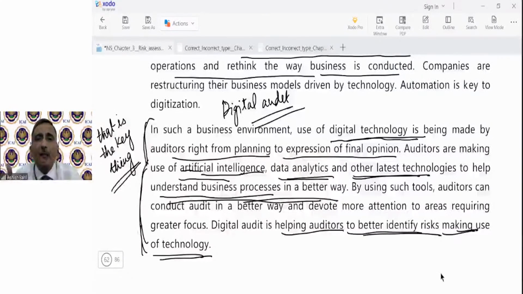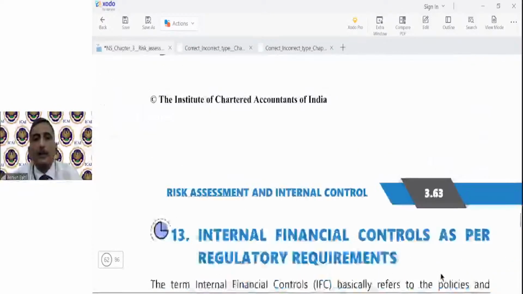You would see in coming years that digital audit is going to be the future. Everything which would be performed by audit is going to be done digitally in coming years. So clear, students?